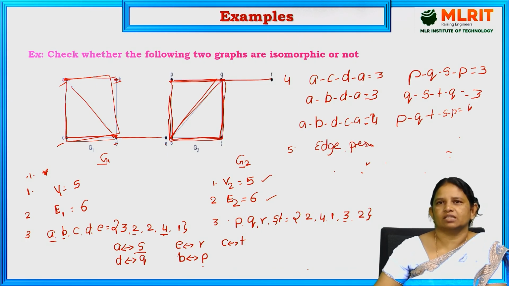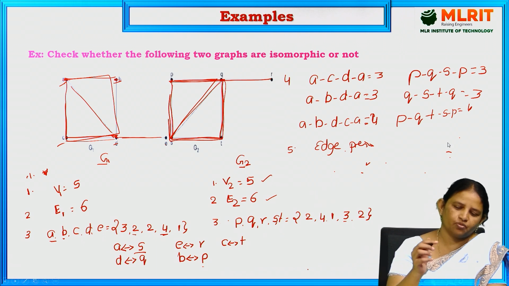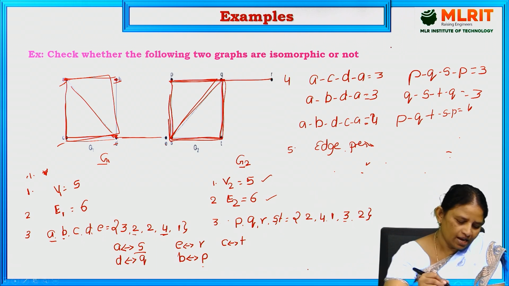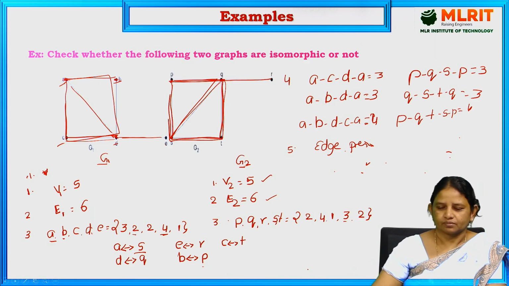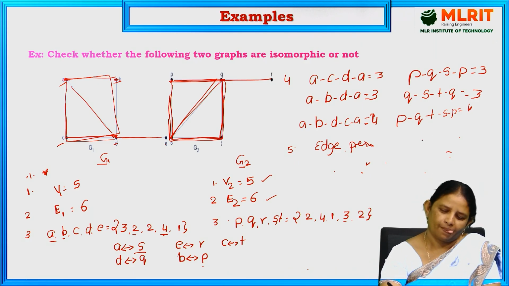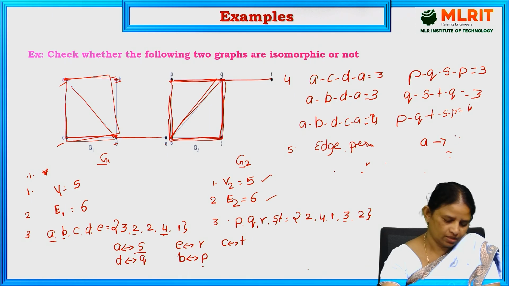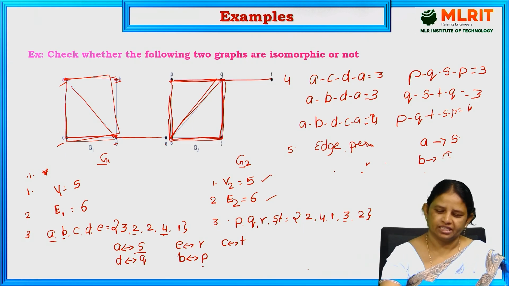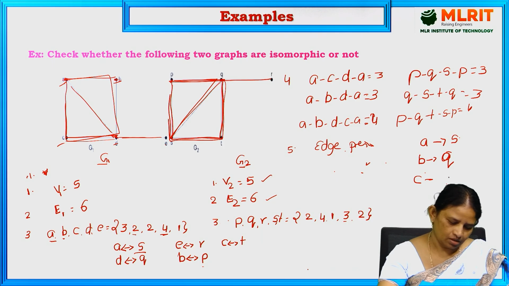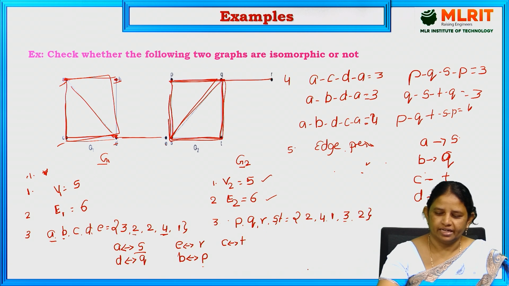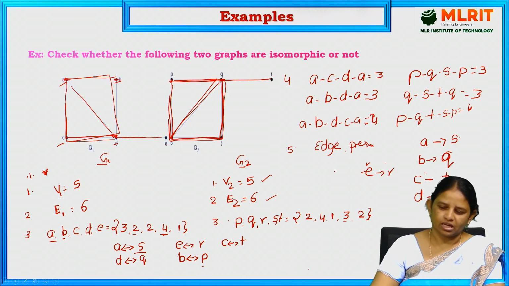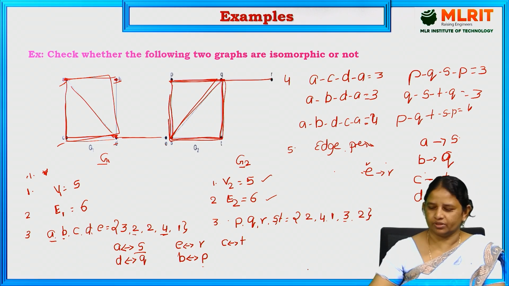Now we need to construct the adjacency matrix. Before the adjacency matrix, what are the equal values? A, B, C, D, E are equal to: A is equal to S, B is equal to Q, C is equal to T, D is Q and E is R. Now we need to draw the adjacency matrix for the following with the help of the given data.